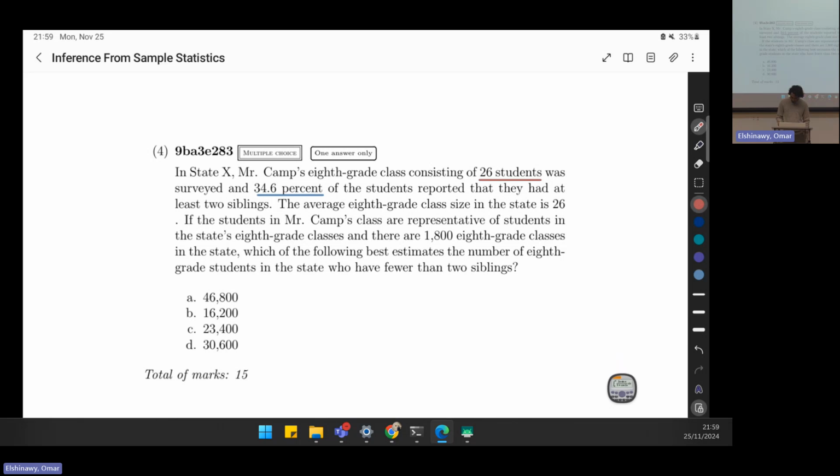So 34.6 percent of the students has at least 2 siblings. So how much percent have less than 2 siblings?